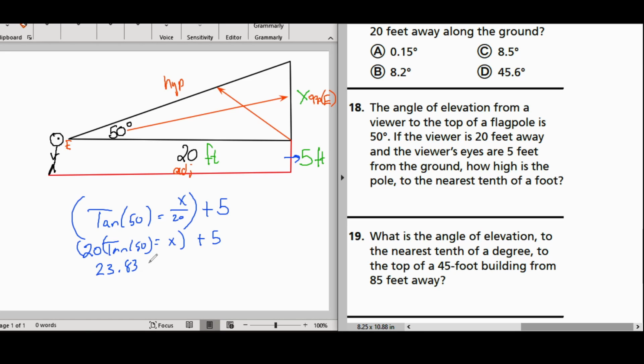Which means this is going to be 23.8 is equal to x. And then I need to add that 5. So this just becomes 23.8 plus 5 for a total height of 28.3. So our flagpole is 28.3. We have to add that 5 on to account for eye distance, the distance from our eyes back down to the ground.